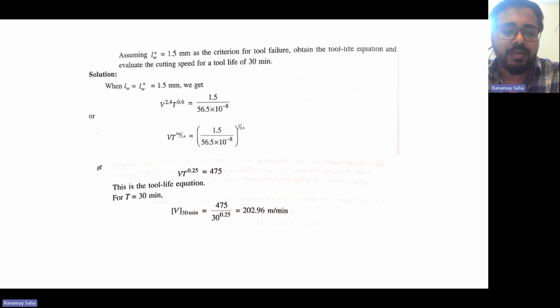Now from that you can simplify this out, say V T to the power 0.3 equals a constant, which is the tool life equation. Put the value of T as 30 minutes to find out the speed. We find that the speed at 30 minutes is about 6 meters per minute. This was the simple catch.